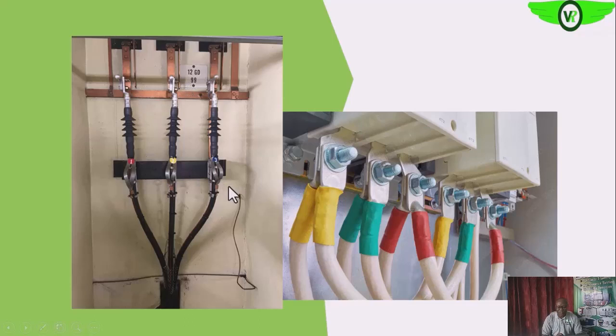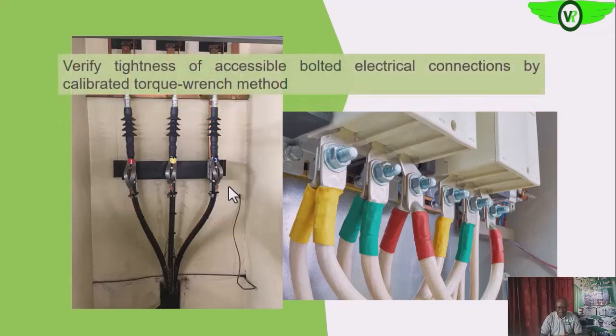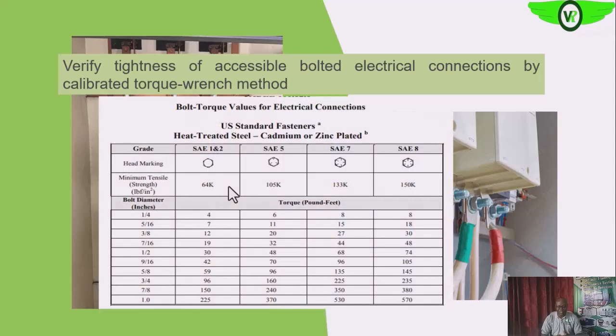Okay, so if you do not have what is specified for your facility, you can use this table. In this table, you see that we have torque values for electrical connections. If you look at this table, you see that we have different torque values for different sizes of bolts in electrical connection, and also for different grades of bolts. You see the SAE 1 and 2, 5, 7, and 8. Okay, so the different sizes of these bolts have different torque levels.